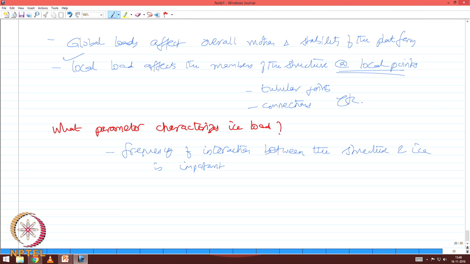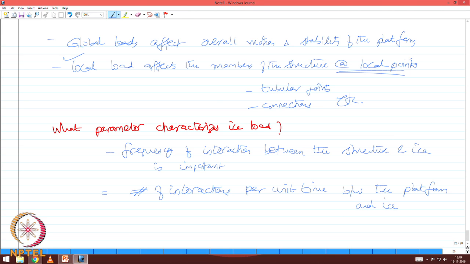So, let us elaborate this. What do you understand by frequency of interaction? It is actually the number of interactions per unit time between the platform and ice.